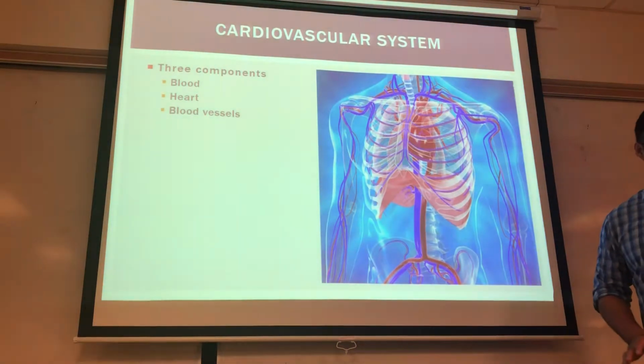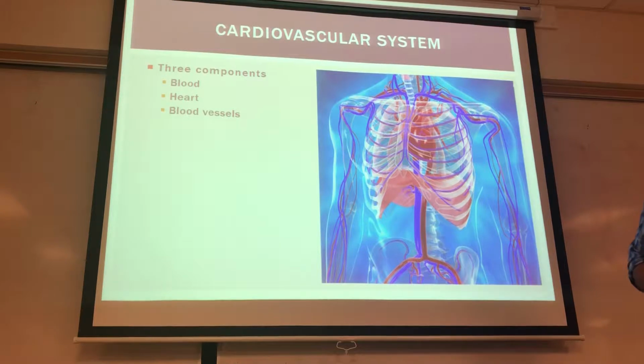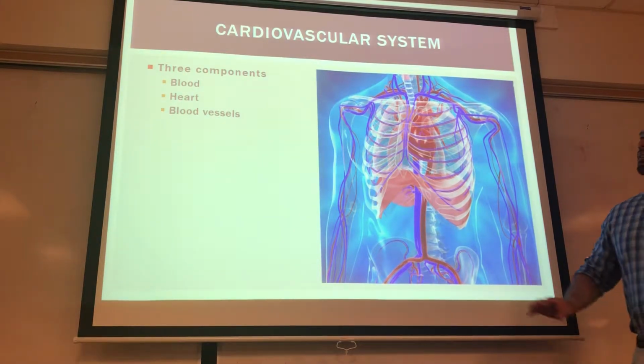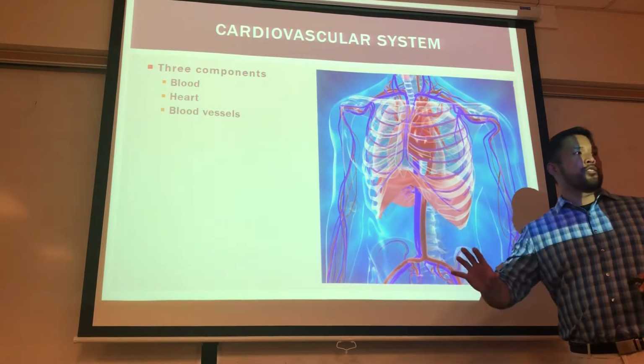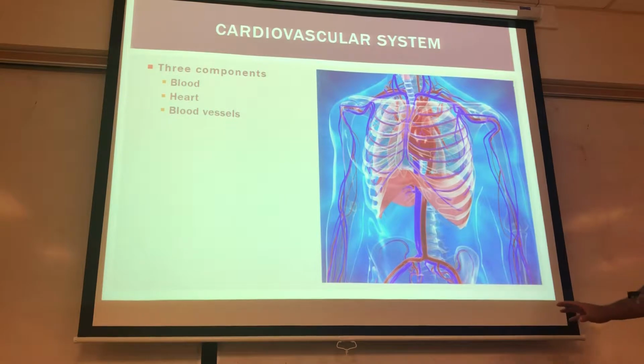We'll learn more about that. The three components of the cardiovascular system are the blood, the heart, and the blood vessels. I don't really spend that much time on blood, but just enough that you get the gist of it. We will revisit the most important structure in blood, the red blood cell, in the vessel lecture quite a bit.